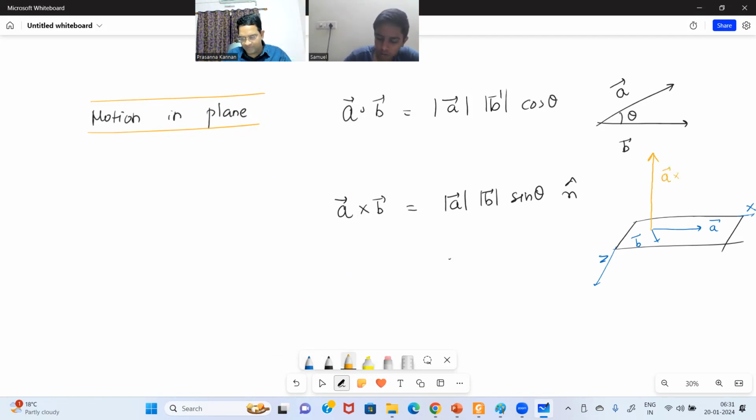A cross B will be perpendicular to both A and B. n cap is called the unit vector, perpendicular to both A and B. So this is the diagram which represents that, so that you can understand. A cross B is perpendicular to the plane containing A vector and B vector.